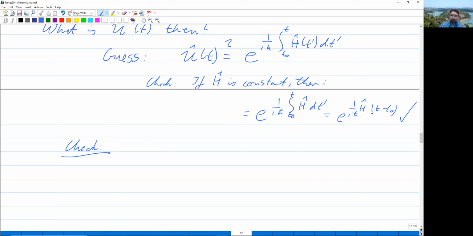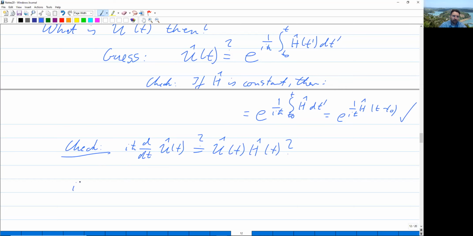So the first check, it passed. It reduces to case 1 when it should reduce to case 1. But let's check this now. What is iħ d/dt of û(t)? Is it, as it should be, û(t) Ĥ(t)?